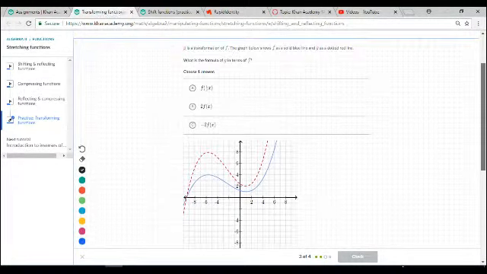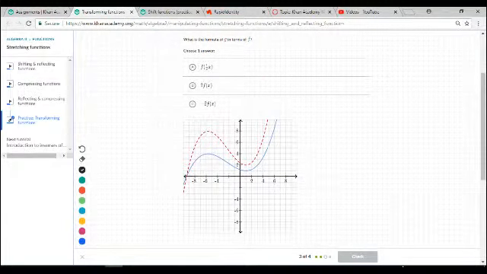What is the formula of g in terms of f? Well, to me, it looks like the red function just has a vertical stretch relative to the blue function. It seems like it's vertical, not horizontal. It looks like all the horizontal points line up, but vertically you need to stretch.